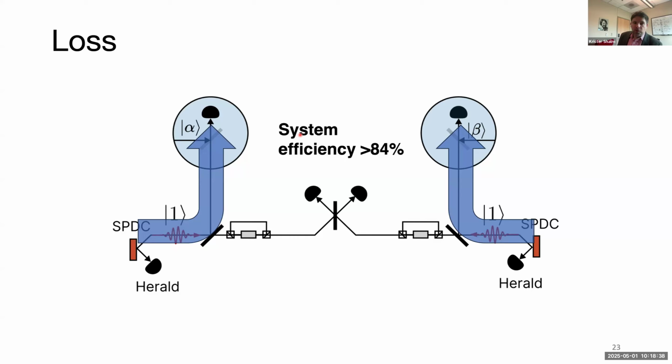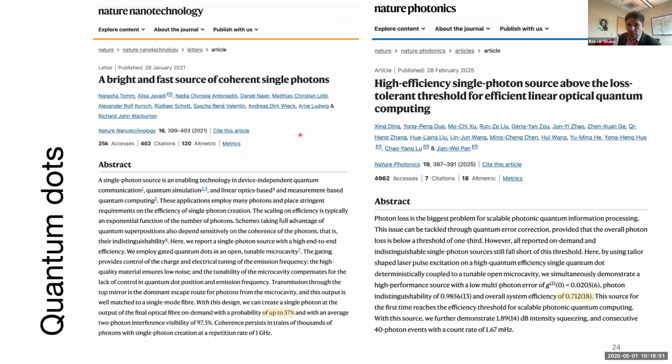What we really need is a single photon source that we know with high probability when we've produced a photon, and then we capture that photon and we can get that and do our operations. So a really promising technology for doing this alternative compared to down conversion are quantum dots. But unfortunately, every time you get a signal that you produced a photon from a quantum dot, the best results to date only really couple that in with about 57% or 71%.